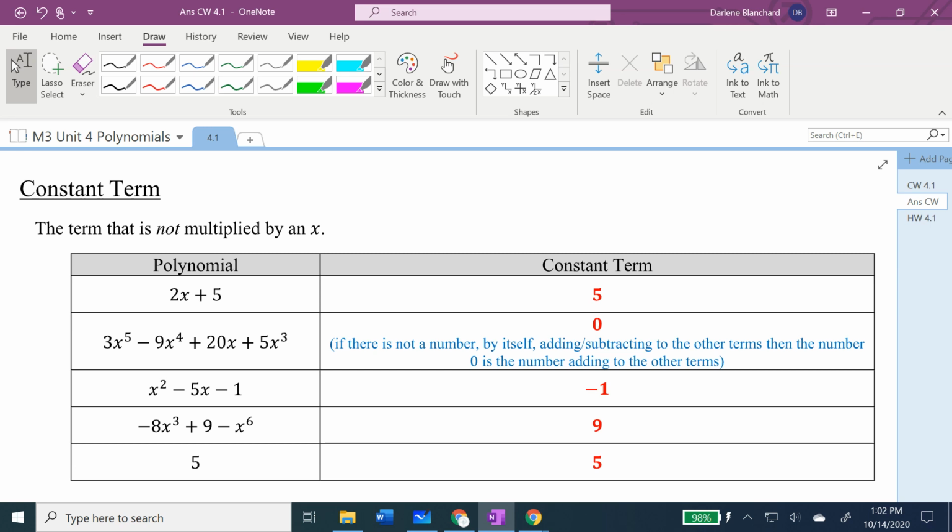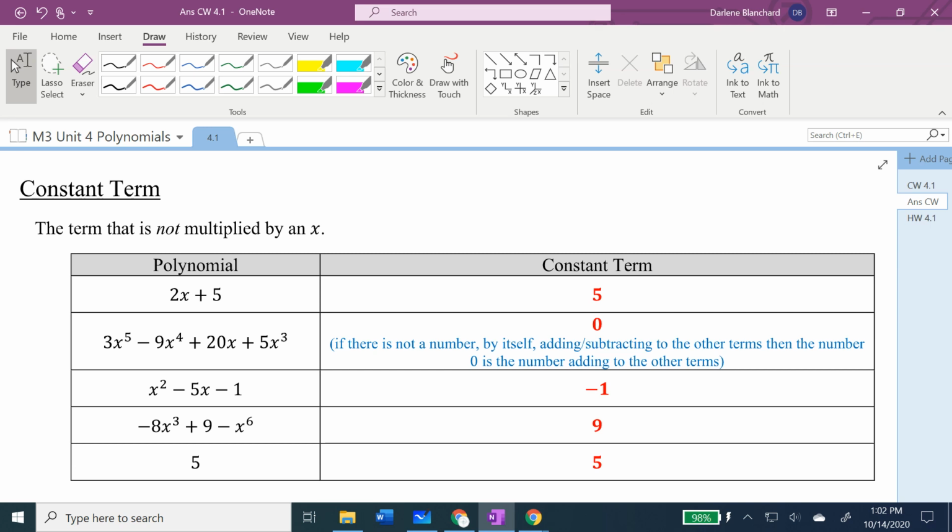All right. Now, so we just talked about what a term was. You need to know what it means when I say the constant term of the polynomial. So 2x plus 5. The term that does not have an x in it is 5. That's the constant term. But the next polynomial does not have a term without an x multiplied in there.